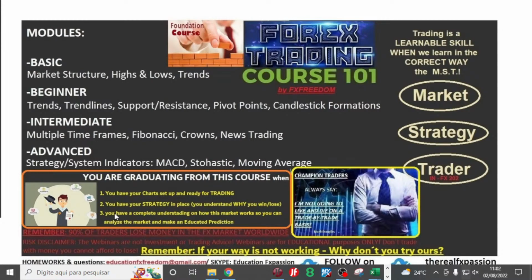Either way, don't trade with money you cannot afford to lose. And remember, traders, if your way is not working, why don't you try ours? Make sense? Just try. Oh Freedom, I've been trading for 1, 2, 3, 4, 5 years. Well, if your way is not working, just try. Try how we think and analyze and how we deal with the markets.